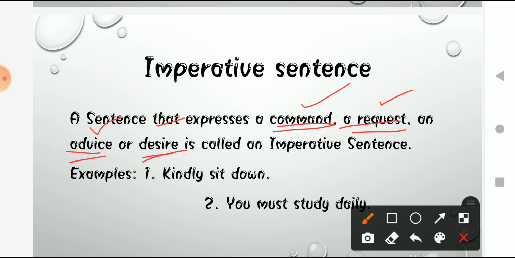If I say, "I wish I would go abroad," is that an advice or a desire? It's a desire. Very good. Desire basically means something that we want, and I am expressing my desire in the sentence.